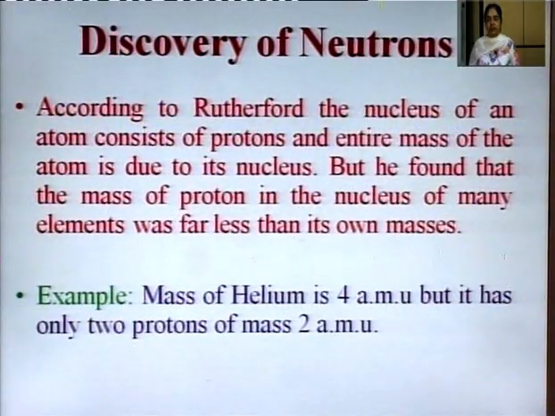Discovery of neutron. According to Rutherford, the nucleus of an atom consists of protons. The entire mass of the atom is due to its nucleus. But he found that the mass of the protons in the nucleus of many elements is far less than the actual mass.